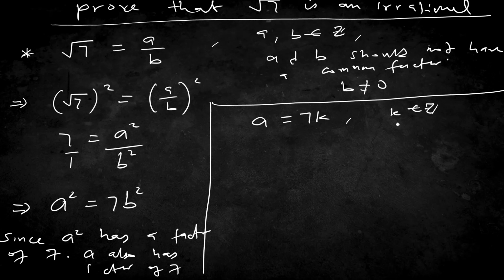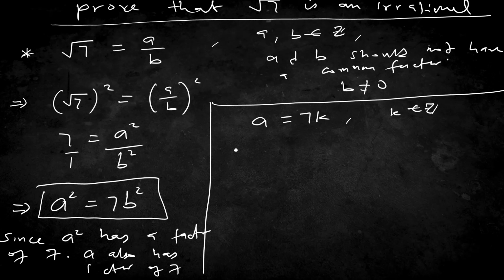Okay, we now do substitution here. We have a squared equals 7b squared. Now we have a having a common factor of 7, so let's see if b also has the same. Let's do the substitution.